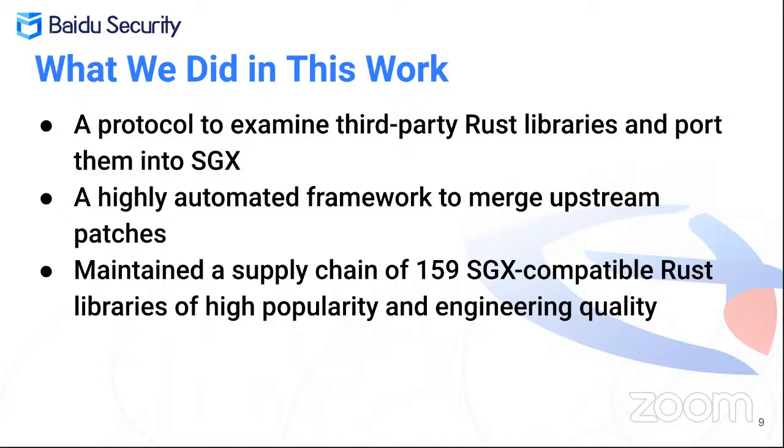We built a highly automated framework to merge upstream changes to the ported version of the library, keeping them up to date. By the end of last year, we have ported 159 Rust libraries, which turned out to be extremely useful to the SGX Rust community.